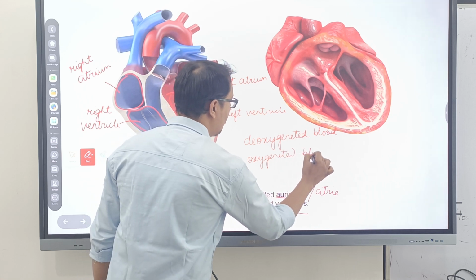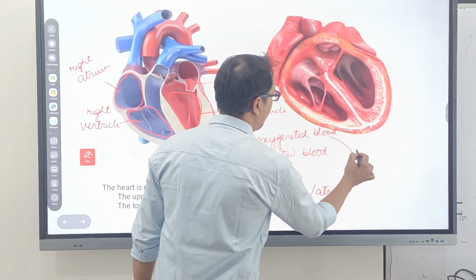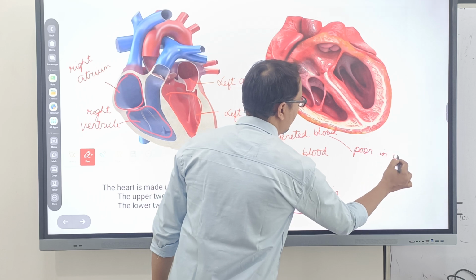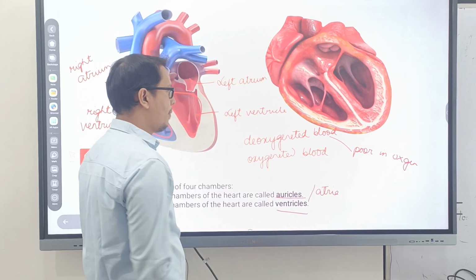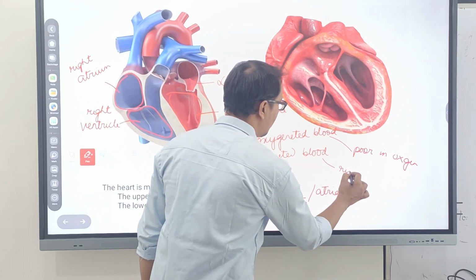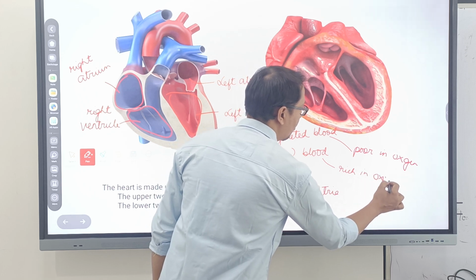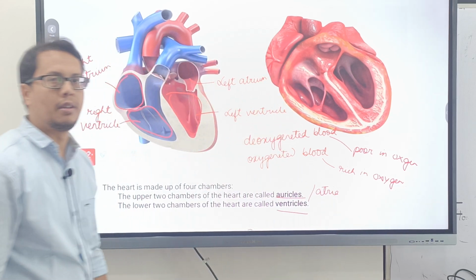So what is the meaning of deoxygenated? It means this is poor in oxygen, or devoid of oxygen. There is very minimal amount of oxygen. And oxygenated blood means this is rich in oxygen. Okay, which is a prime requirement for the survival of the human body.